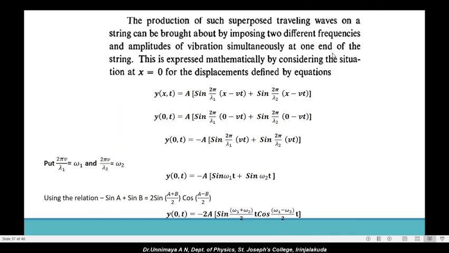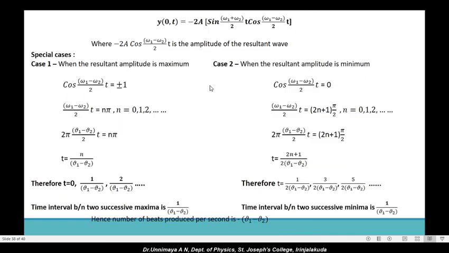So here we found the expressions for the time obtained when the amplitude is maximum and minimum. We found that the time interval between two successive maxima is the same as the time interval between two successive minima. Hence the frequency will be equal to nu1 minus nu2, or the number of vibrations or beats produced per second will be nu1 minus nu2 for both maximum amplitude and minimum amplitude.